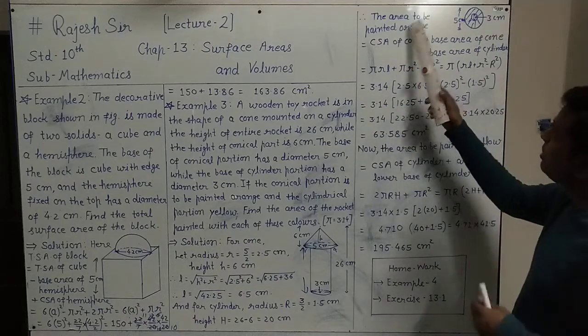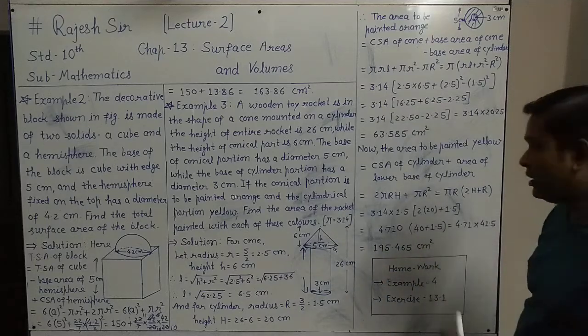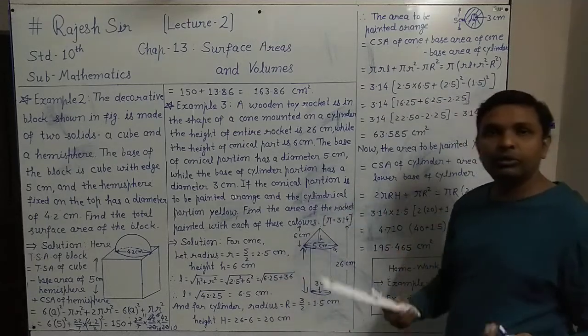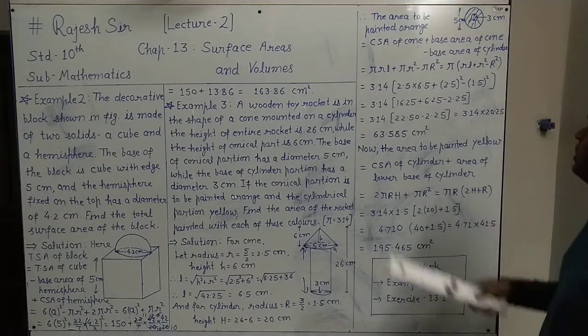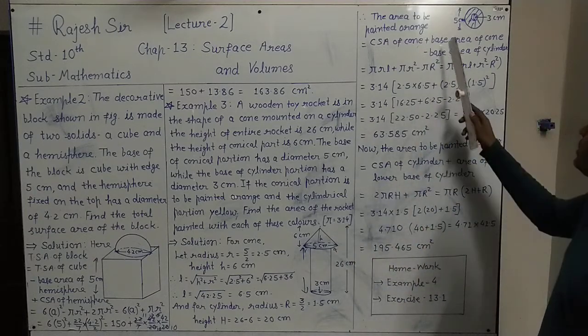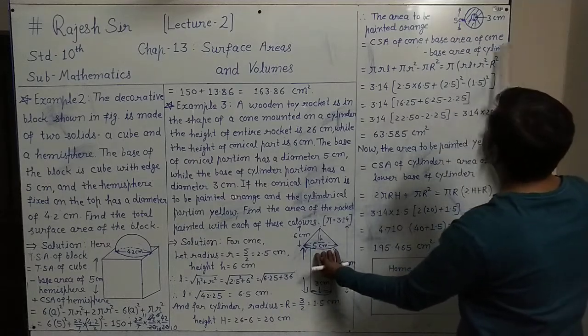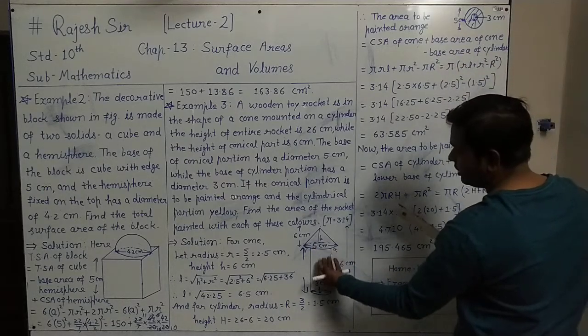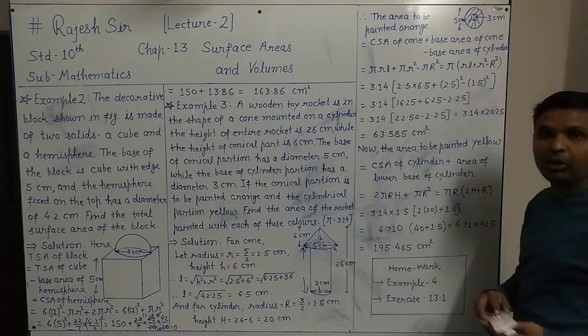So the area to be painted orange is the CSA of cone, that is very clear. The CSA of cone we have to paint orange, and for the bottom part of the cone, the total base area of the cone minus the base area of the cylinder gives the remaining portion which is painted orange.